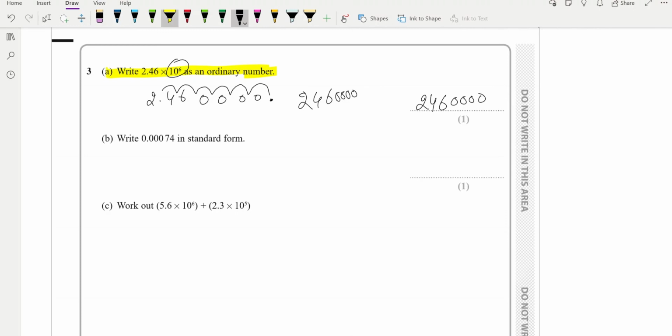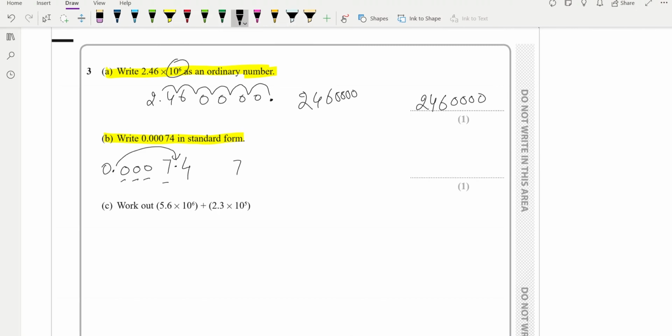Then the second part, B part, it says write 0.00074 in standard form. We need the decimal after the first non-zero number. So from here the decimal will be moved 1, 2, 3 and 4 places to the right, and when we are moving the decimal to the right, it is negative.